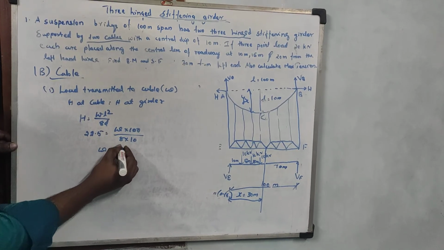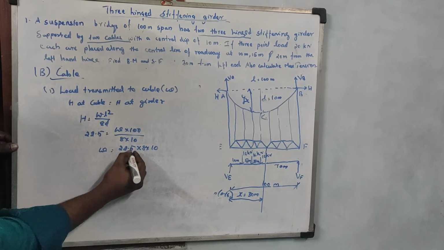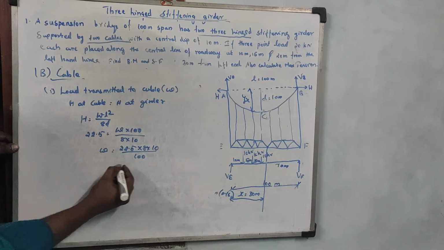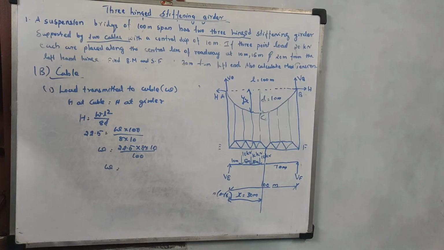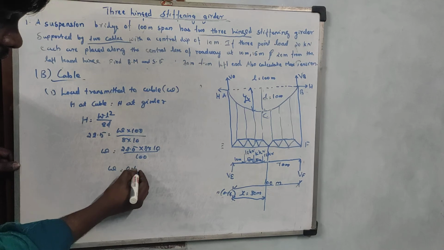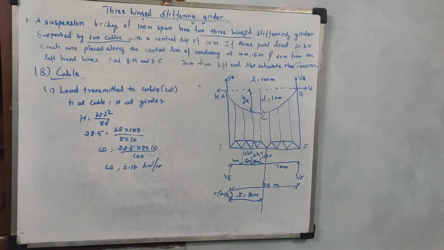Therefore, W equal to 22.5 into 8 into 10 divided by 100. Therefore, W equal to 0.18 kilonewton per meter.